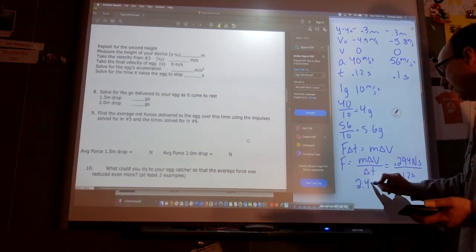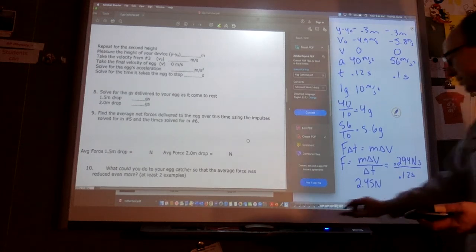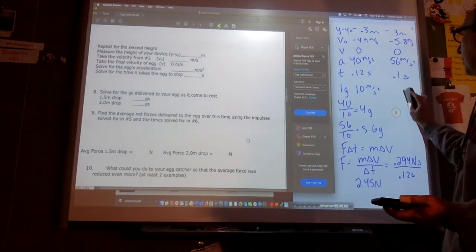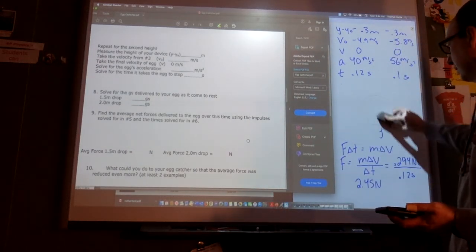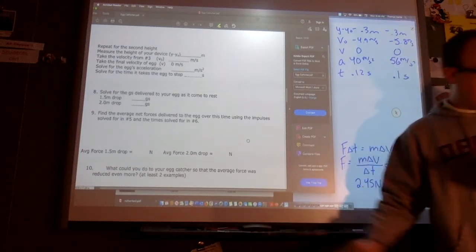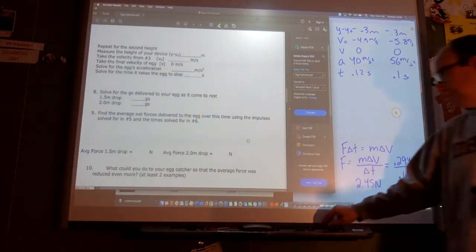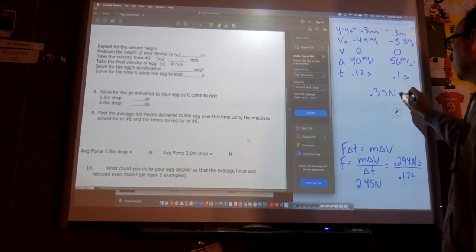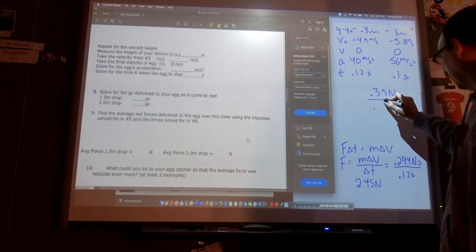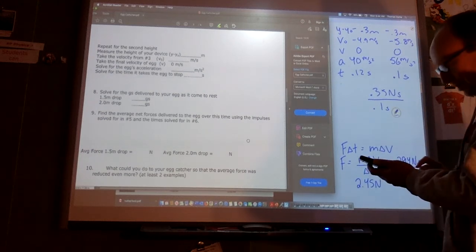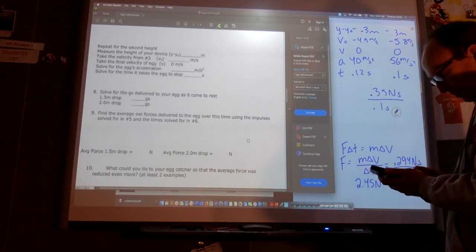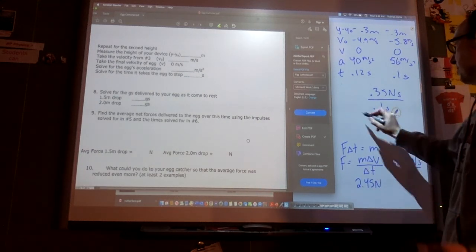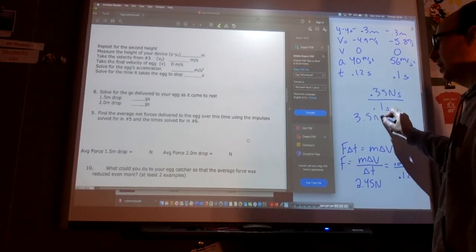So I have 2.45 newtons. For the other one, it would be 0.35 Newton seconds over 0.1 seconds, which is 3.5 newtons. So that's for the bigger one.